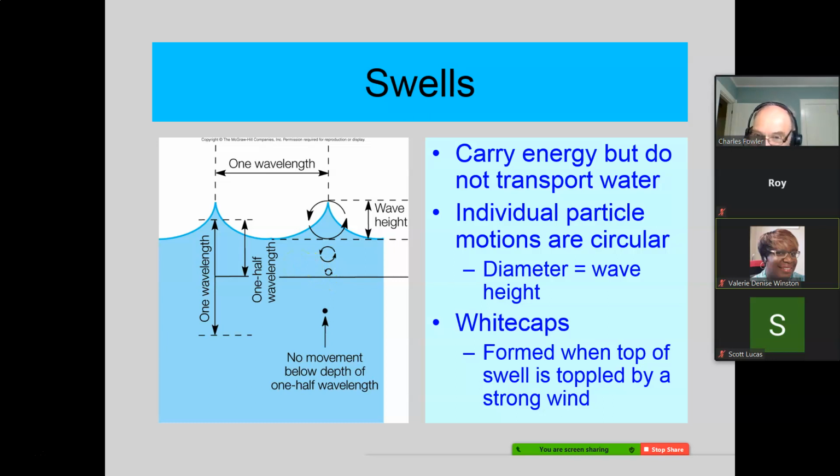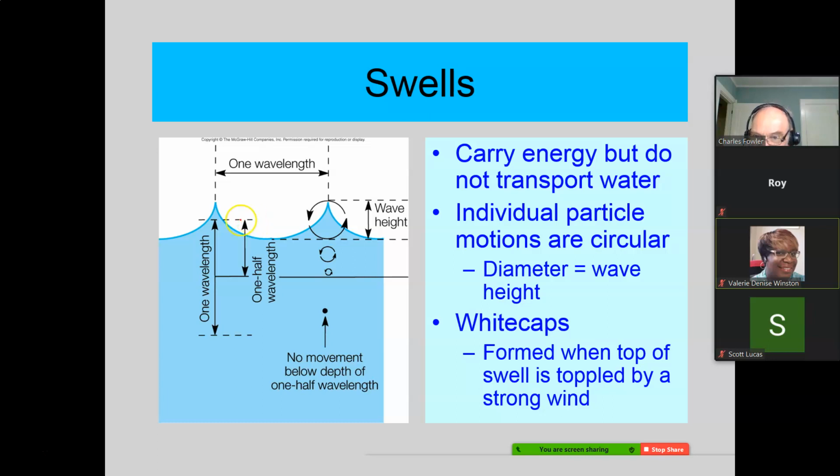this is somewhat interesting. About one wavelength, which has nothing to do with up and down motion, one wavelength down there, that's one wavelength down.